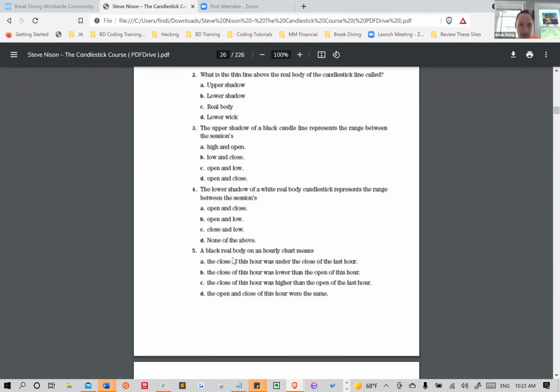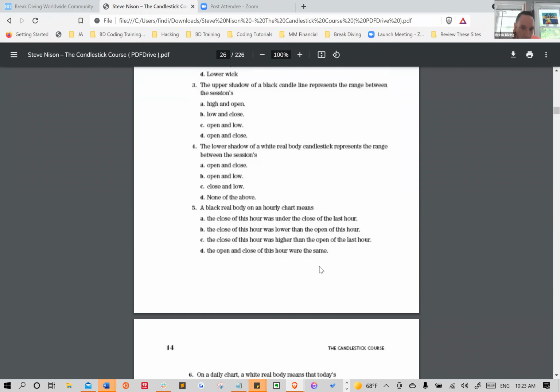A black real body on an hourly chart. A black real body means it opened high and closed low. So on an hourly chart, the close of this hour was lower than the open of this hour.